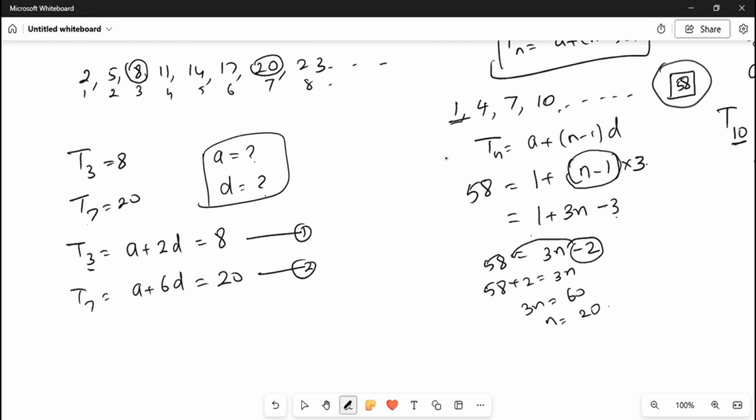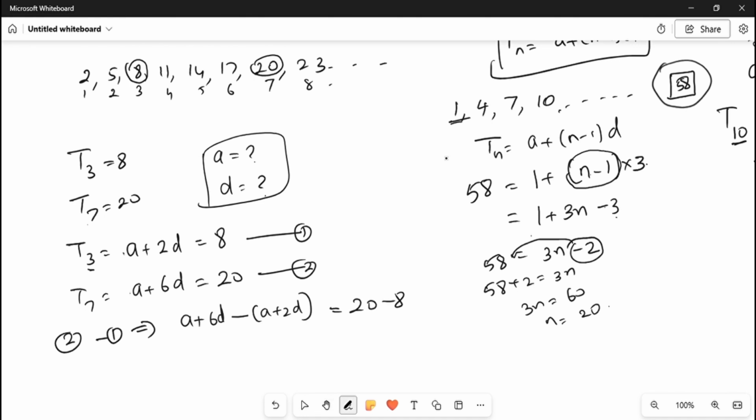Now let's see. We can cancel A by subtracting, because both have the same positive sign. If you subtract the first equation from the second, you get A plus 6D minus, bracket, A plus 2D, equals 20 minus 8.